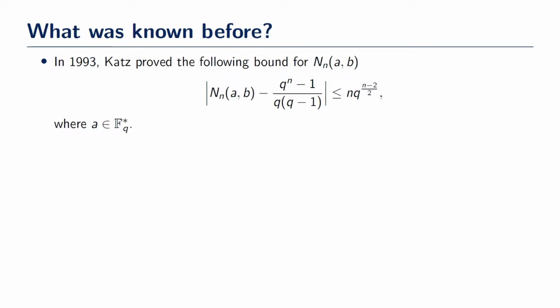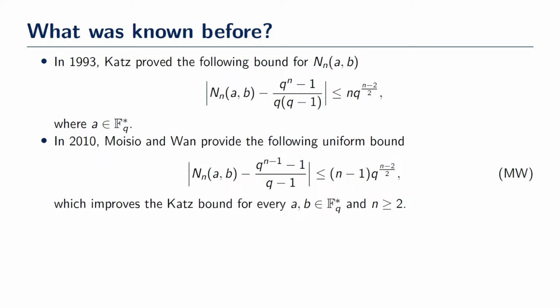As I said, Katz has studied this number, okay? And by applying Kloosterman sheaves, we got this bound for N_n(a,b). After Katz, in 2010, Moisio and Wan provided this improvement on Katz's bound, okay? Their strategy was to connect this number here with some toric variety that I will tell you about afterwards.